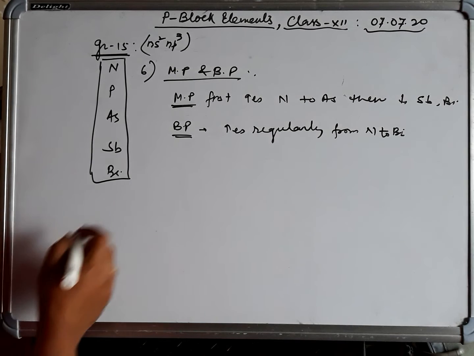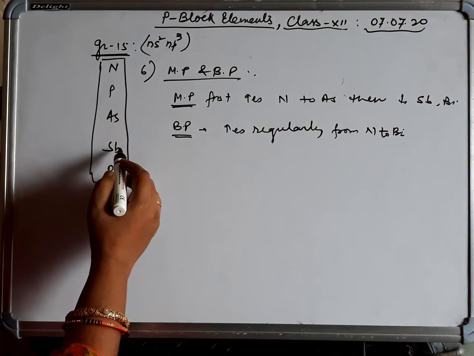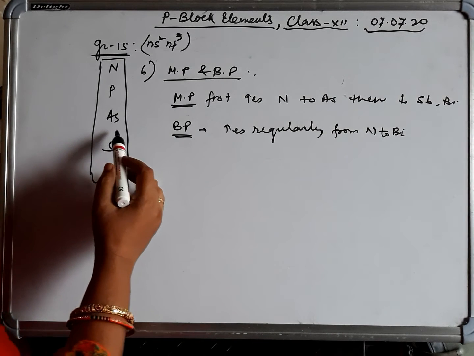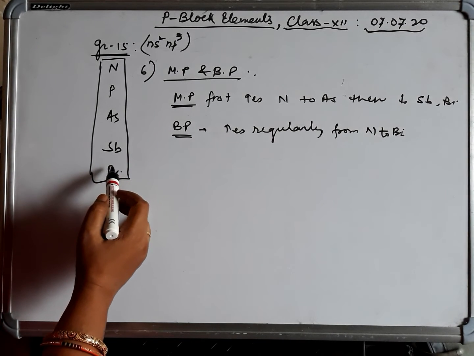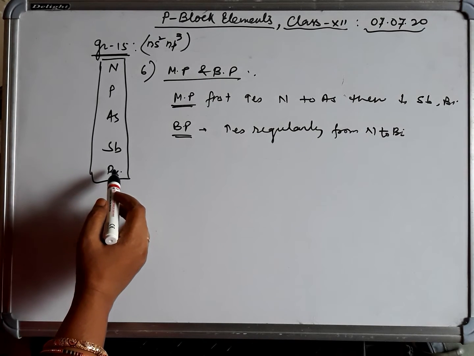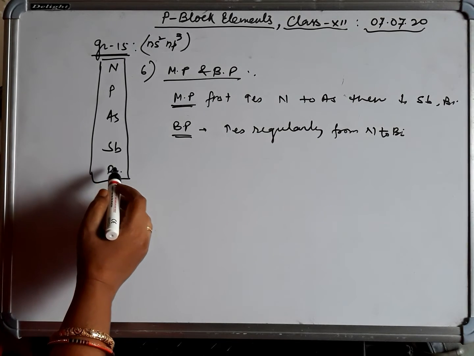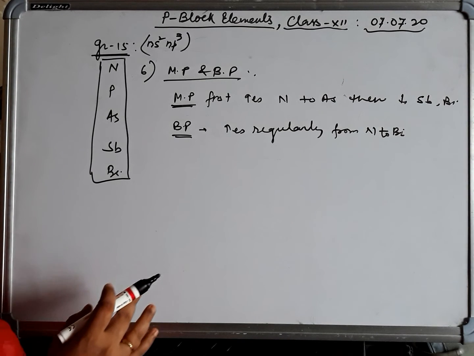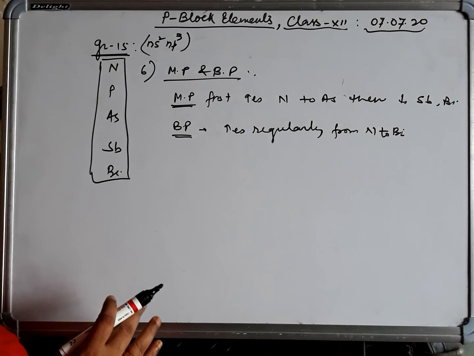The melting point increases down the group from nitrogen to arsenic due to the increase in atomic size. In antimony and bismuth, there is an unexpected decrease in the melting point because they tend to form three covalent bonds due to the inert pair effect.